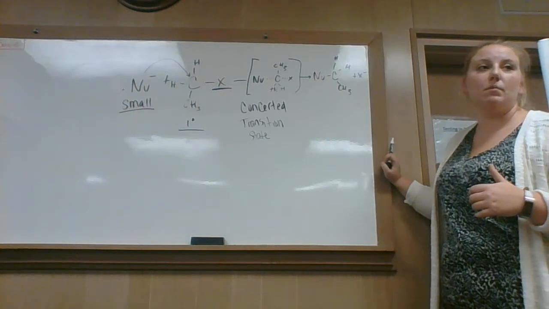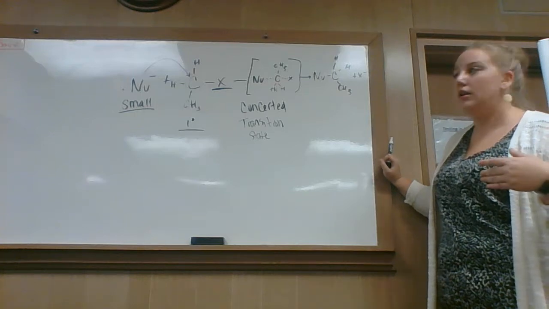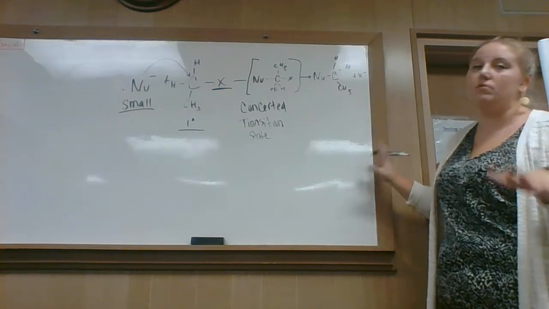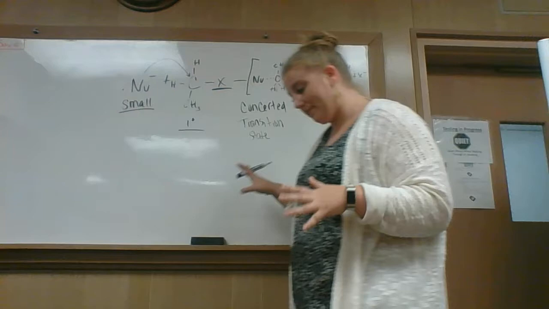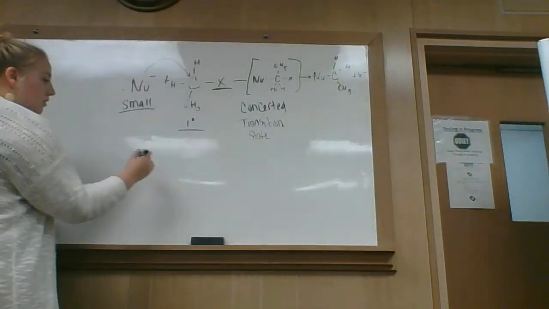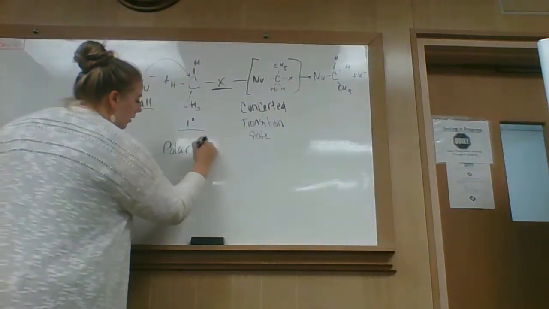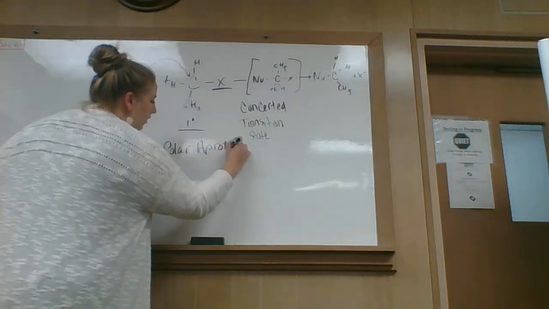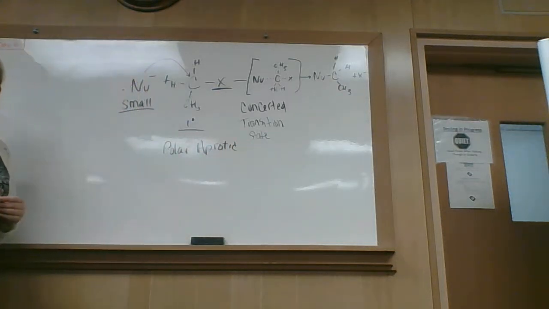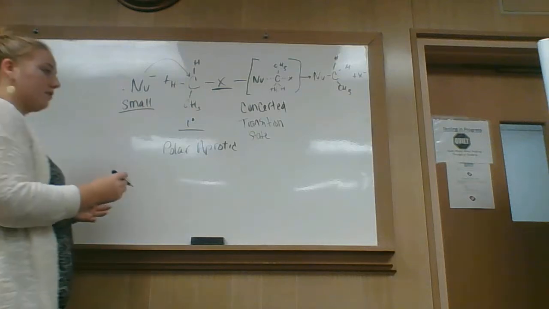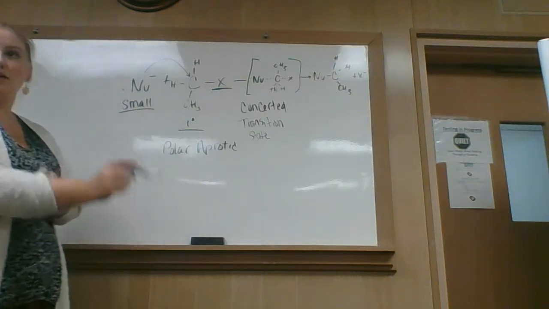I'm going to talk a little bit about the solvent that this reaction likes to occur in. So the solvent is called polar aprotic. What does the term aprotic mean? Protic is referring to proton. What does the prefix A mean?